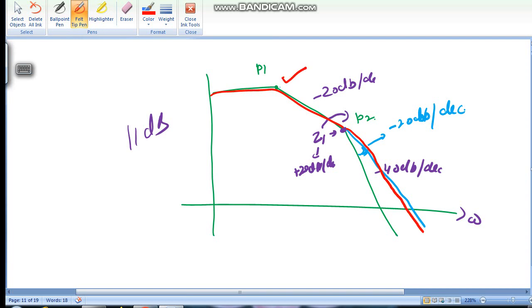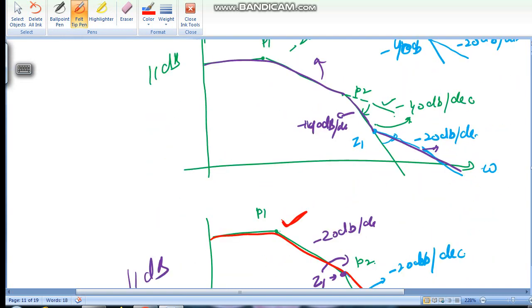From here till here, after P1, this is actually a straight line; my line is not very straight. So this whole region is minus 20 dB per decade. In this case, the system acts like a single pole system, because the roll off is minus 20 dB per decade near UGB.